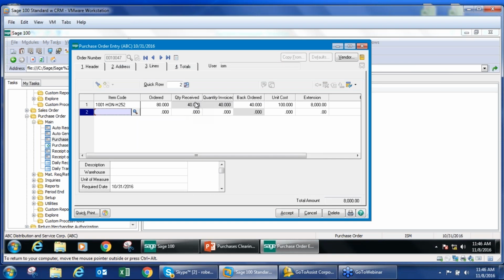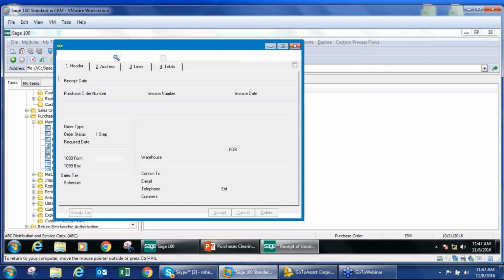Since we have already received 40 and we've invoiced 40, we have this visibility in our PO module of the line item. We're going to continue on with the same PO where we're going to receive another 40, and then we're going to be invoiced at 2 different times at a different dollar amount. Let's just trace this through.